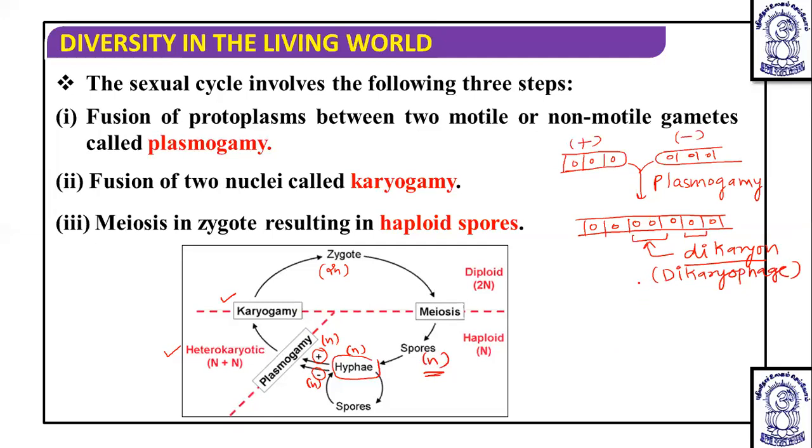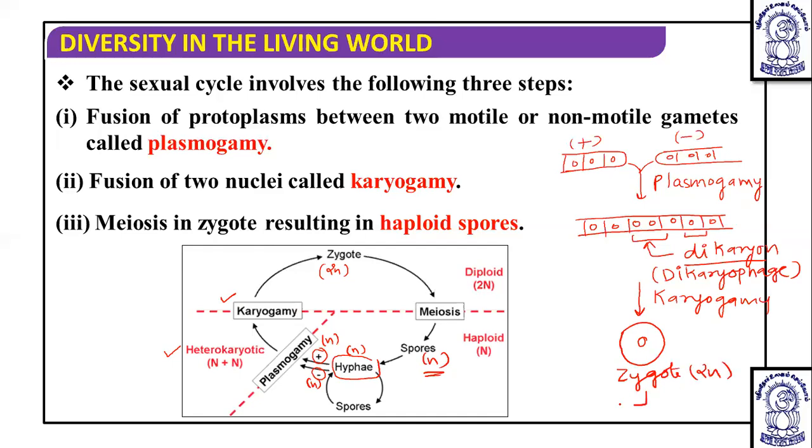After dikaryophase, karyogamy is going to occur, and in karyogamy the nuclei fuse. When the nuclei fuse, they form a diploid zygote.